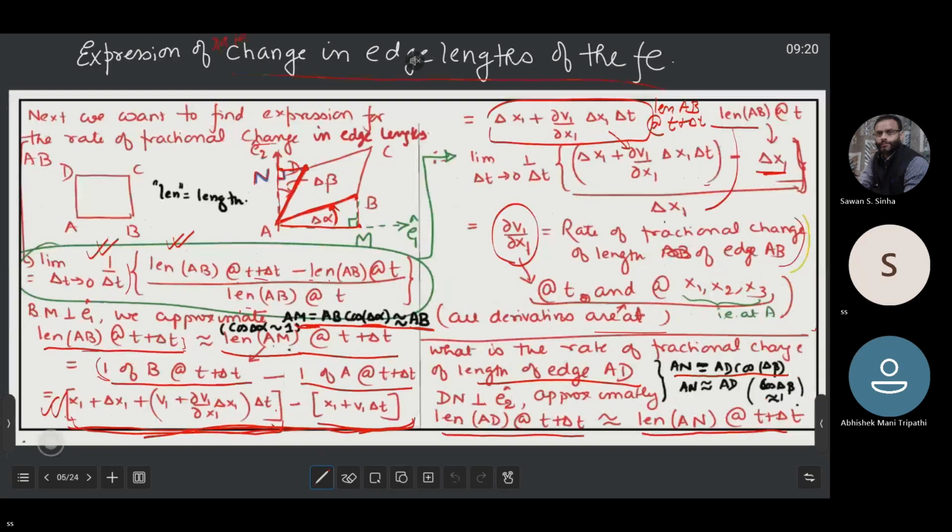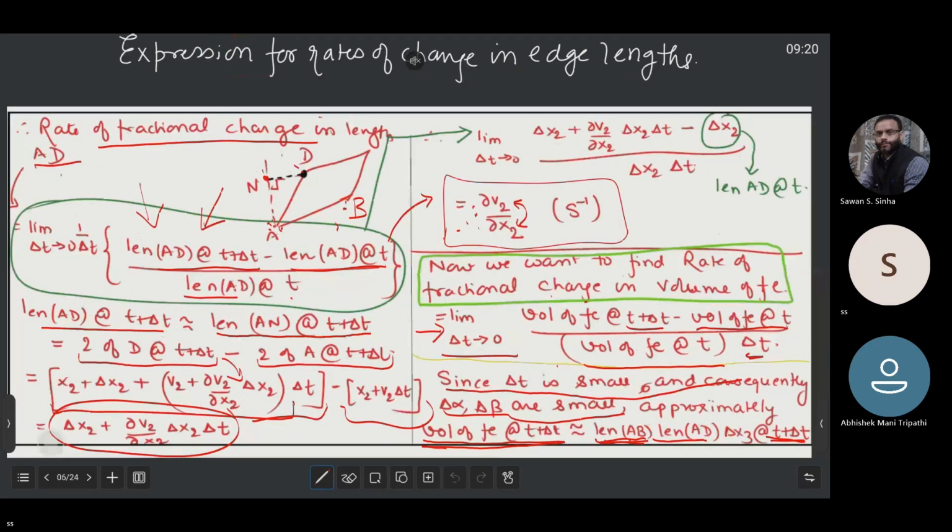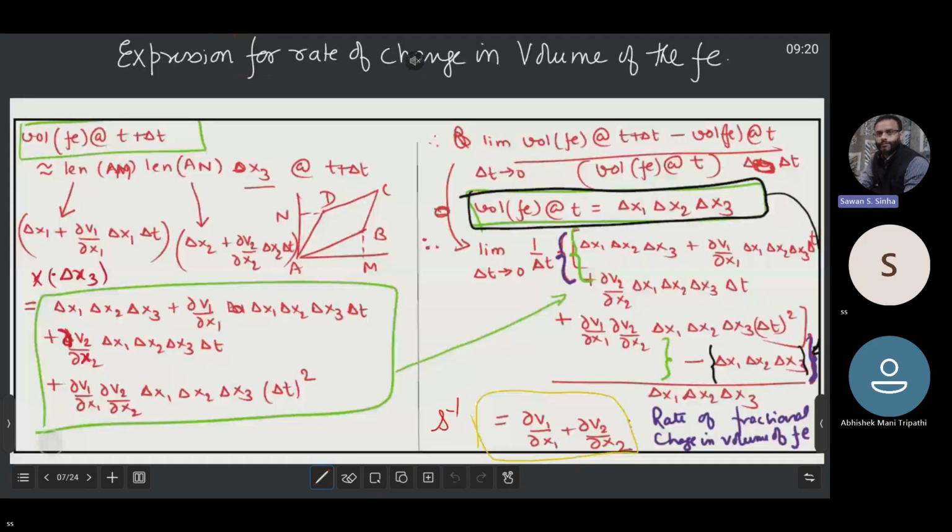The length of AD required in the volume I will approximate as the length of AN. Okay. That's what I am writing here: length of AM, length of AN multiplied by delta x3.